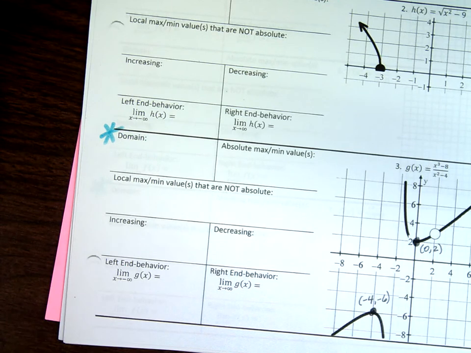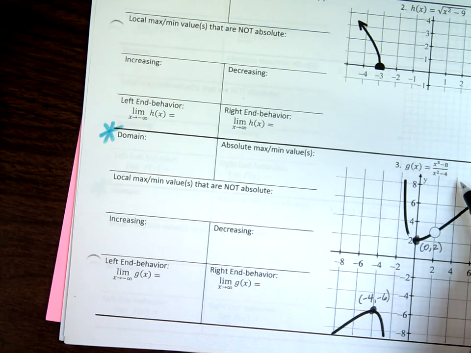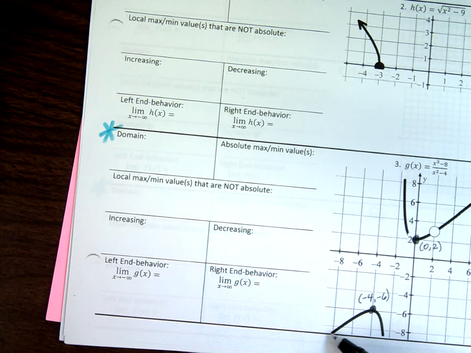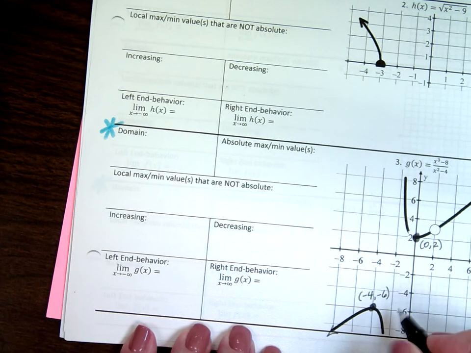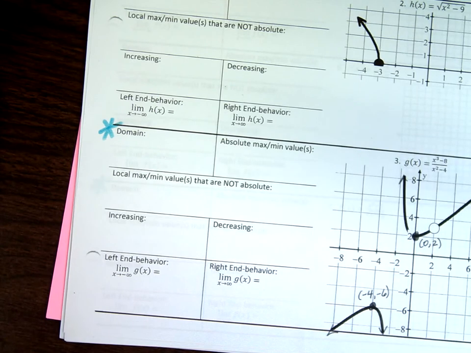Now, because they gave you the graph, you could go to the equation and figure it out like we were doing in the last section. I don't know that you remember how to factor a cube, right? That would make this a little tricky. So I'm just going to use the graph itself to talk about the domain. If I look at the graph, all those ends go to infinity.